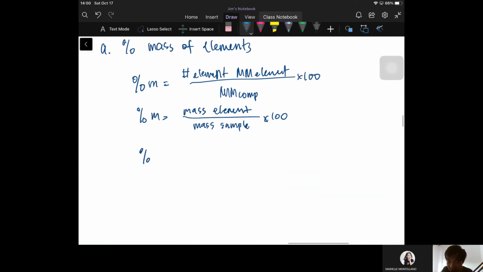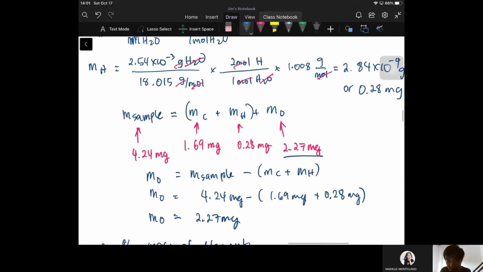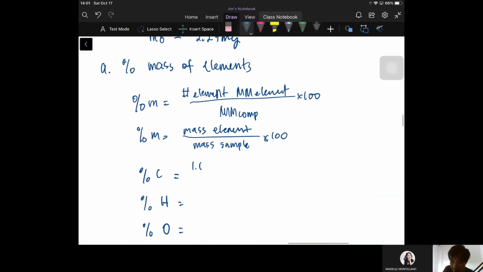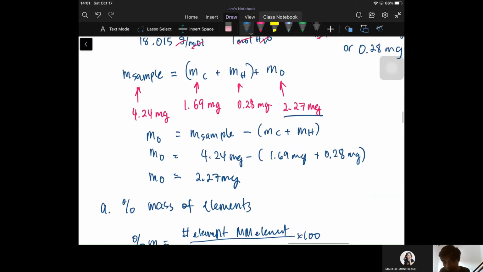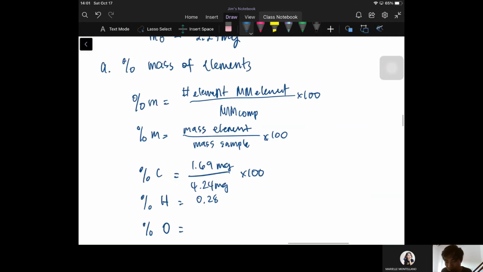Since kaya na naman yung gawin, so percent carbon, percent hydrogen, percent oxygen. Ano ba sabi dito sa carbon? 169 milligram, ano yun? 4.24. Yung hydrogen ay 0.28 milligram, tama ba?